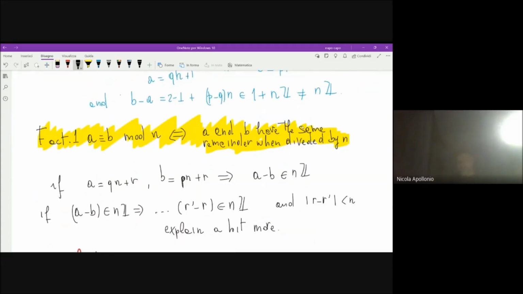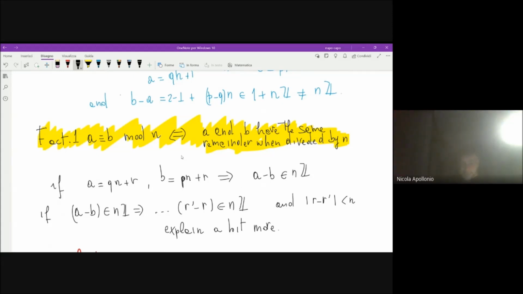Here is the explanation, which I think we already know, but let us do it again. We have the following fundamental observation, key observation. A is congruent to B modulo n if and only if A and B, when divided by n, give the same remainder.